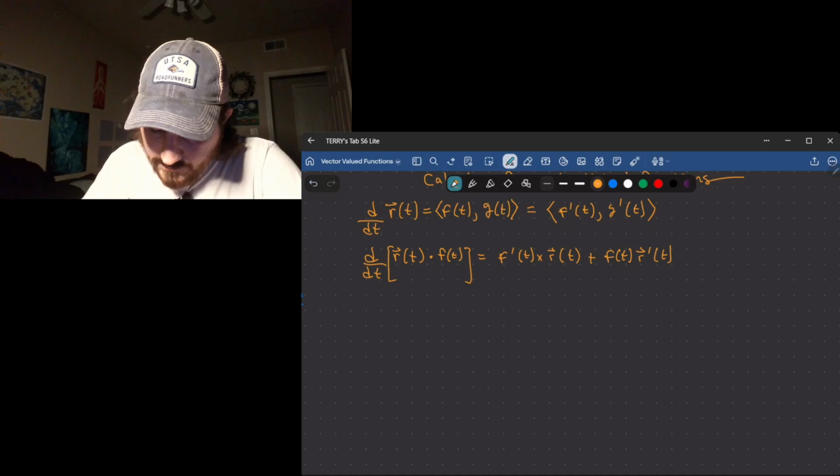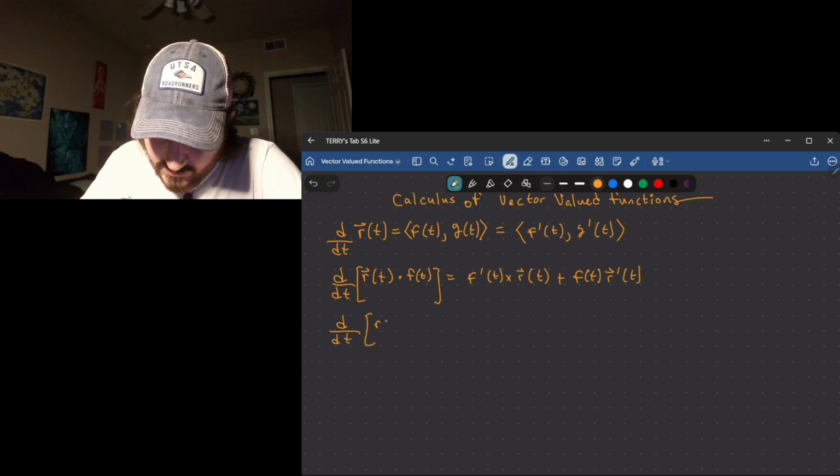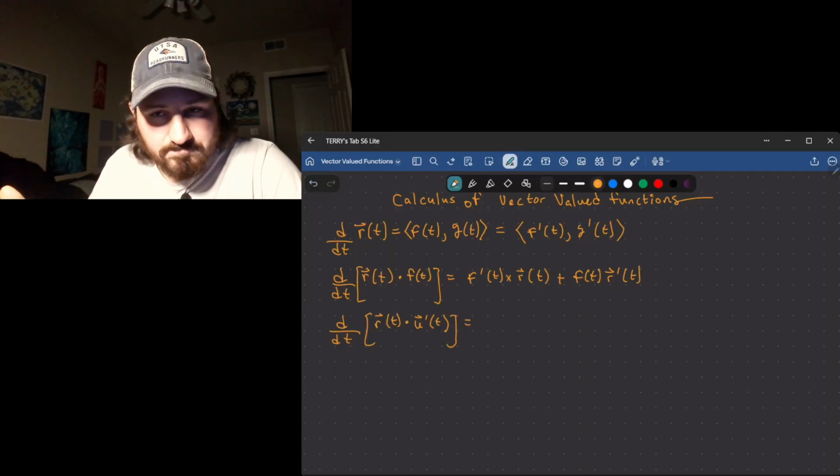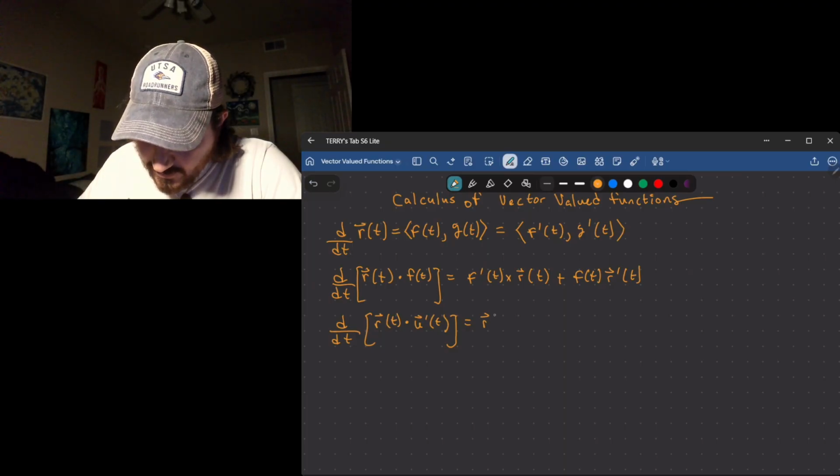Okay, so the next one we've got is going to be the derivative of the dot product of two vector valued functions, right? And you know what? This one works exactly like we think it's going to work too. We're just going to get r prime of t times u of t.